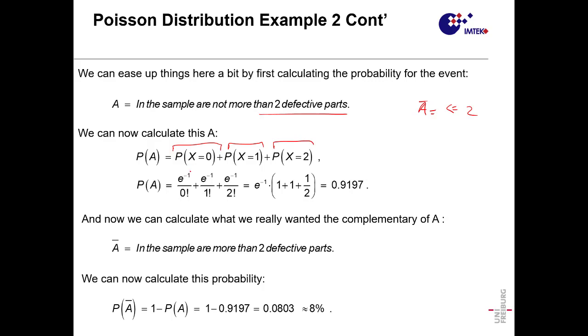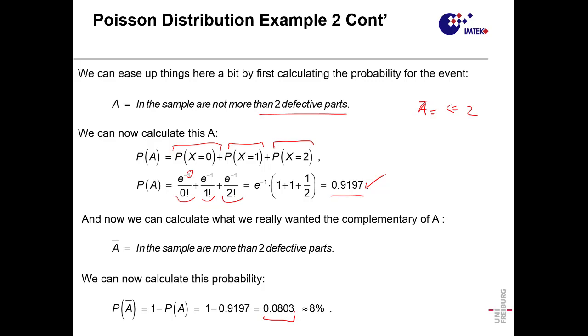And lambda is always 1, right? And then you will get 0 factorial, 1 factorial, 2 factorial, and the probability of getting less than or equal to 2 defective parts from the 100 is 91%, and we are interested in the complement of that. So the probability of having more than 2 defective parts from a 100 sample is 0.08, very low.